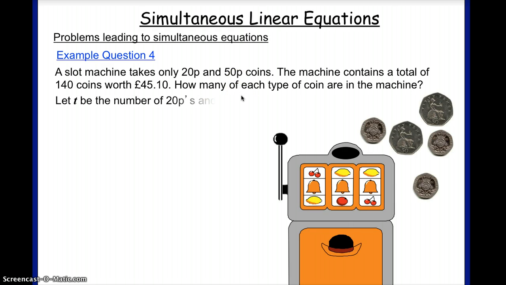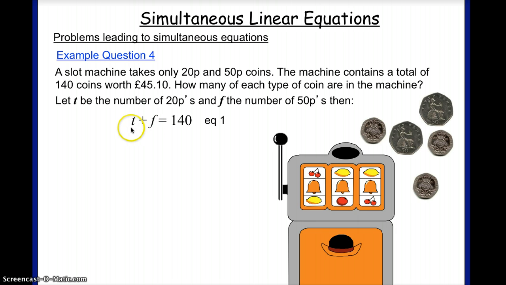Let T represent the 20 pence and F represent the coin that is 50 pence. You know that there's a total of 140 coins between 20 pence and 50 pence, so you can write T plus F is equal to 140 coins.